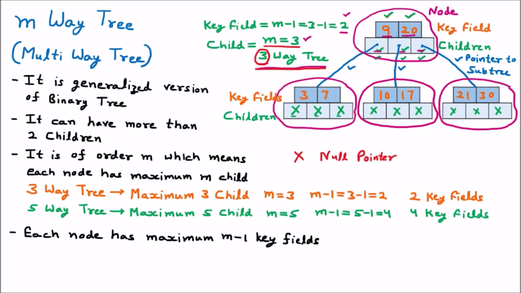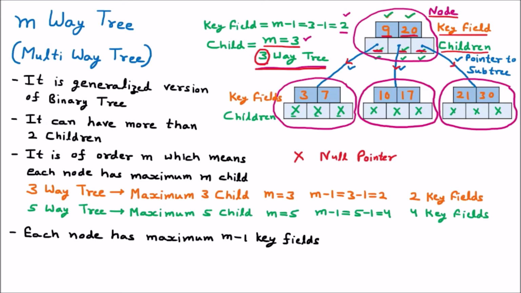So if we are talking about the first node, there the 3 children are there. 3 blocks are mentioned, and these 3 blocks represent the children, and the number of children minus 1 is the number of key fields. So 3 children are represented here, which means 3 minus 1 is 2, so 2 key fields are present. So this is representing a node. Afterward we have learned that there are pointers which are going out. These pointers are nothing but the pointers to subtrees.